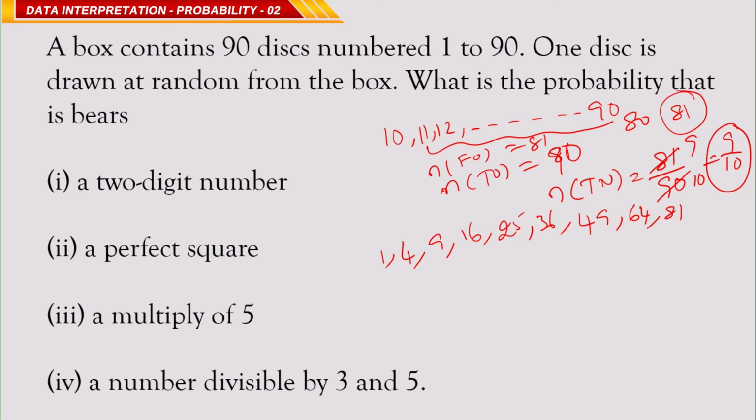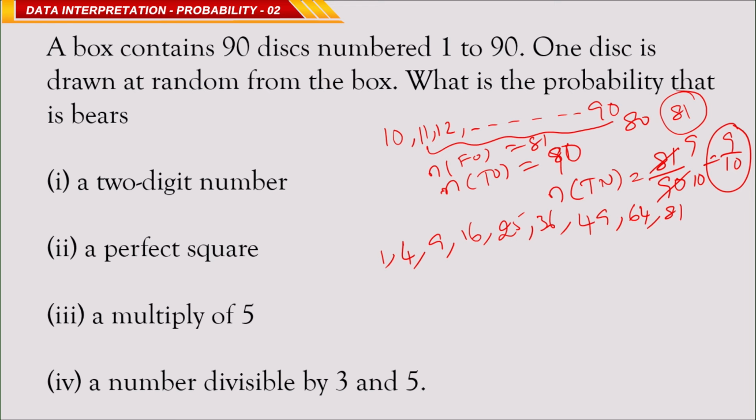So, 1, 4, 9, 16, 25, 36, 49, 64, 81 means 1, 2, 3, 4, 5, 6, 7, 8, 9. Means there are 9 perfect squares here.